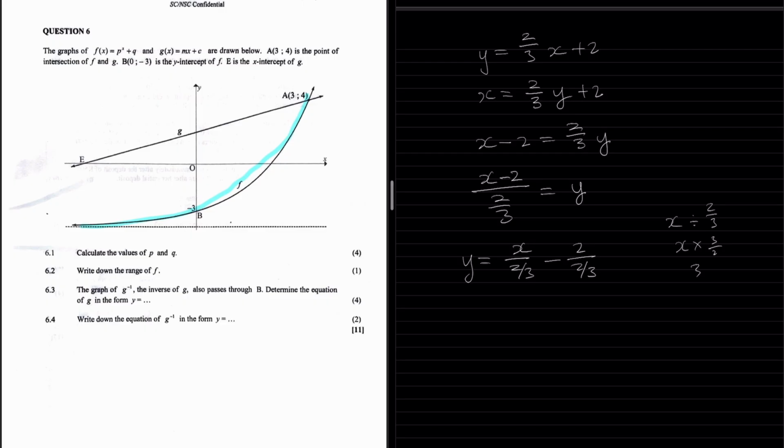So that's going to be 3x/2. So y = 3x/2. And same thing will go for the other one. 2 divided by 2/3 is the same as 2 times 3/2. So that's 6/2, which is 3. So this is going to be -3.